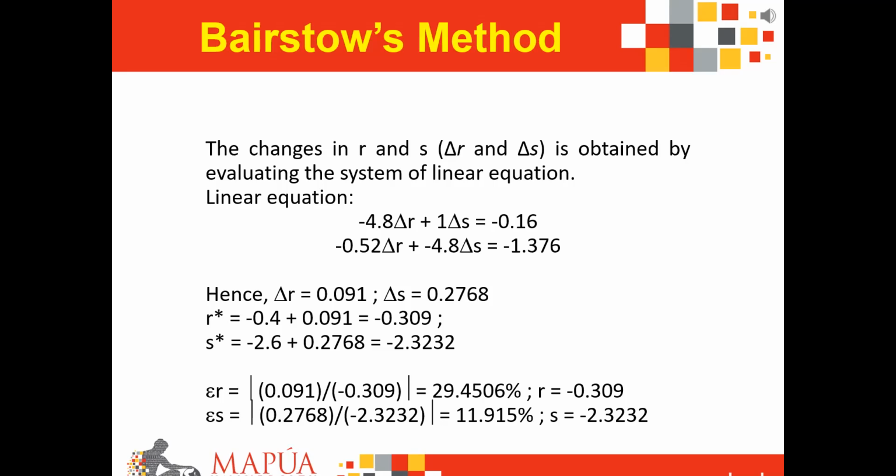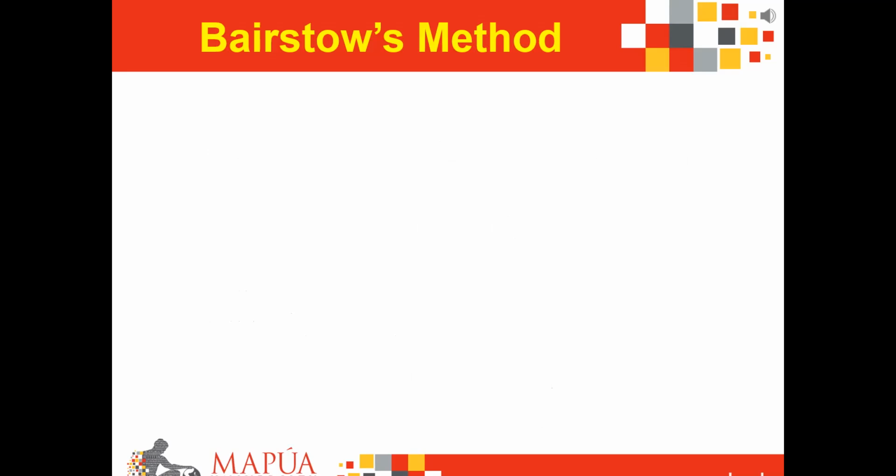Thus, we then set your new computed R value as the previous value of R, which in this case now is equivalent to -0.309, and your new value of S as the previous value of S, having a value of -2.3232. We then repeat the process again by subjecting your cubic function to synthetic division to solve for the coefficients needed to evaluate your delta R and delta S.